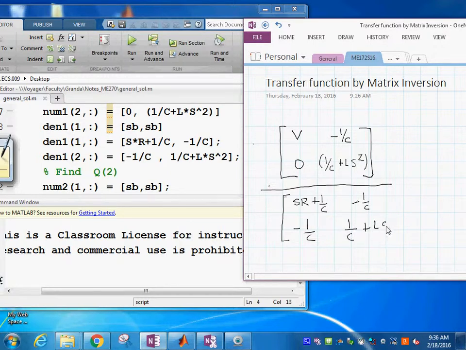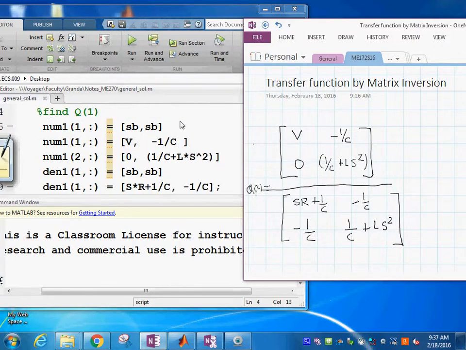Okay, this is from a set of equations where we are trying to find Q1. It says Q1 of S. That's the statement that I made over here. See, find Q1, and then for finding Q2, I'm just going to do it the same way as I did over here.